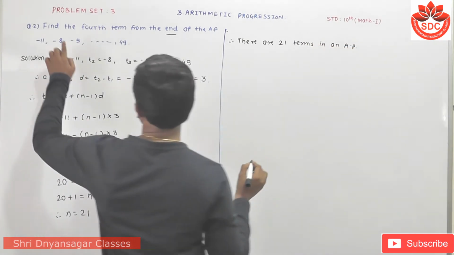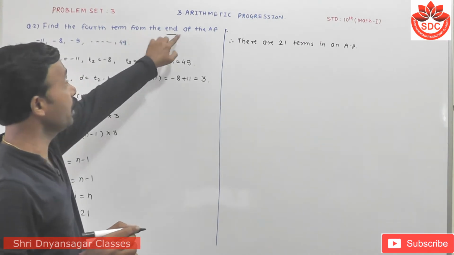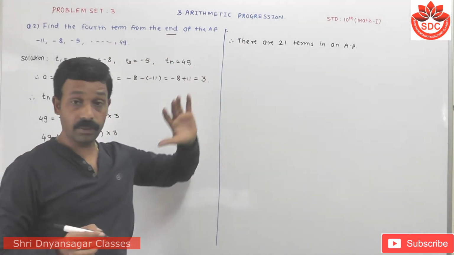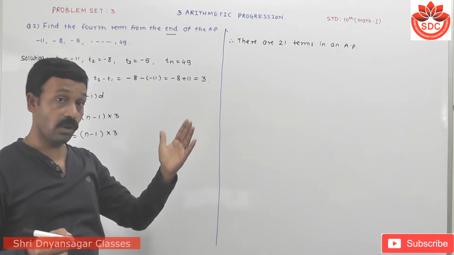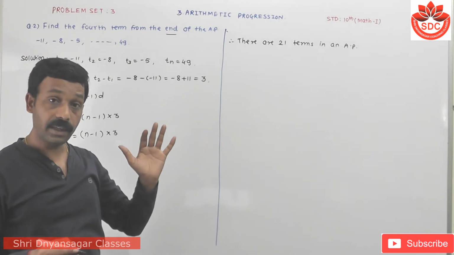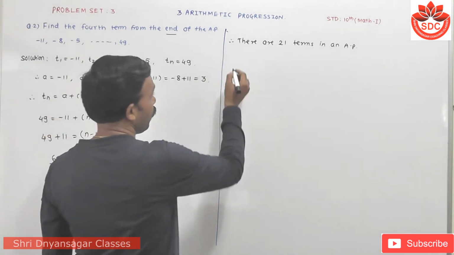Now we have to find out the fourth term from the end. There are 21 terms here.